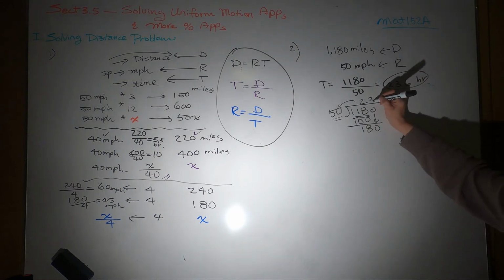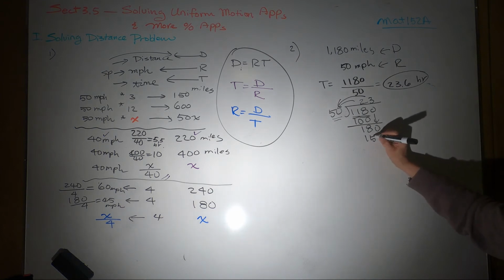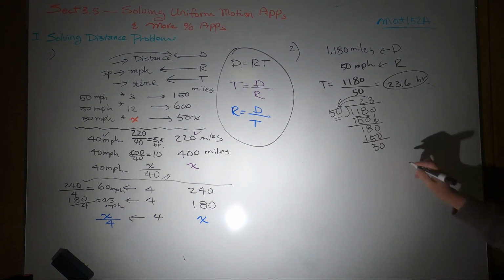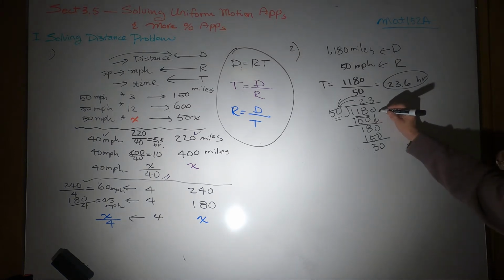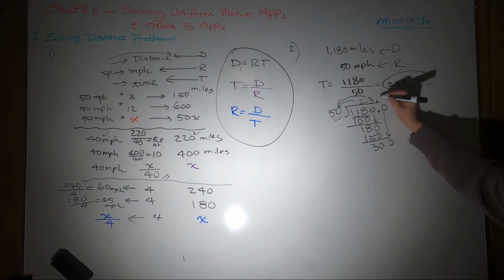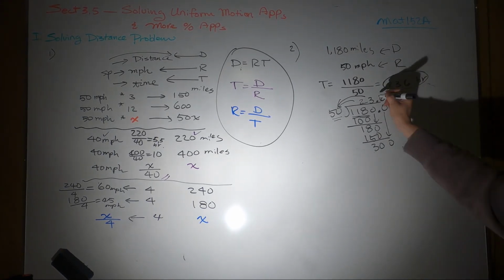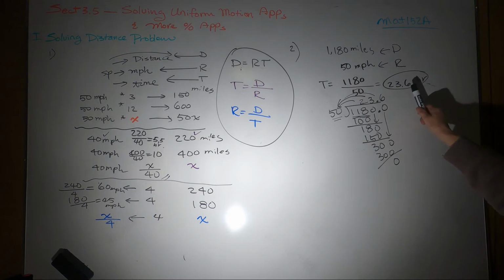Then 50 can go into 180 3 times, multiply back, 150 and 30 left. But you still have to drive that 30 miles. So you put a decimal here, right? Put another 0 after your decimal point. Then drop the 0, that's your 6. 6 times 50 is 300, right? So it's 23.6 hours.